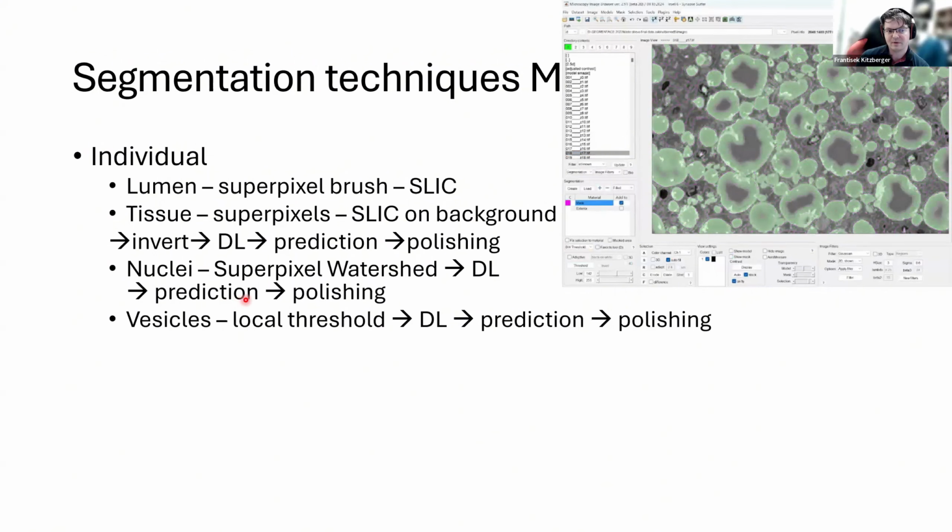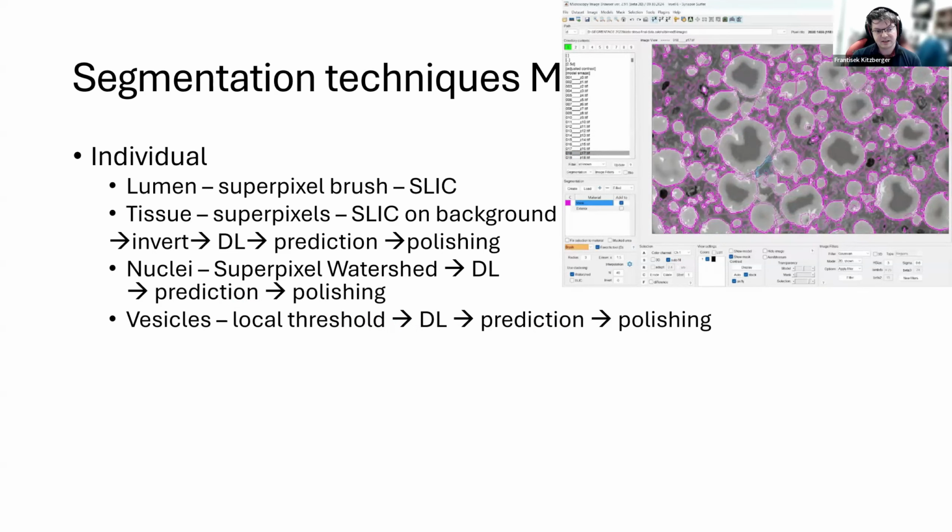These were quite tricky because a simple threshold wouldn't work for them, because as you can see, you have various shades of gray inside of them. So in this case, we just needed to approximate a bit. We selected just the brighter parts and then filled everything in. And again, we had to polish it and then use around 30 sections as training for the deep learning network. We predicted everything, polished it manually, and went further.